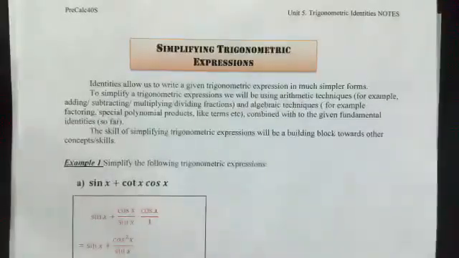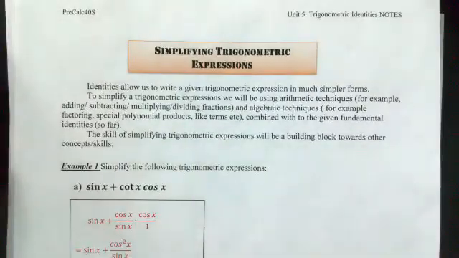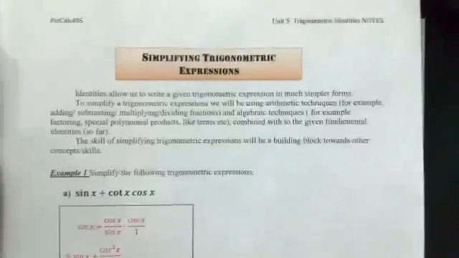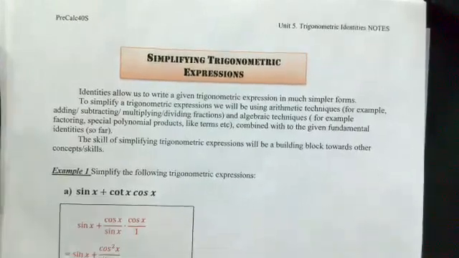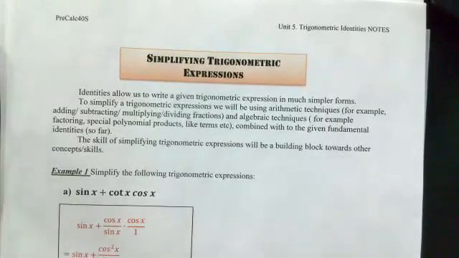Okay, so let's start with a little bit of algebraic work on simplifying trigonometric expressions. This is prep work towards proving identities. So why do we do this? Because identities allow us to use a given trigonometric expression in a much simpler form.